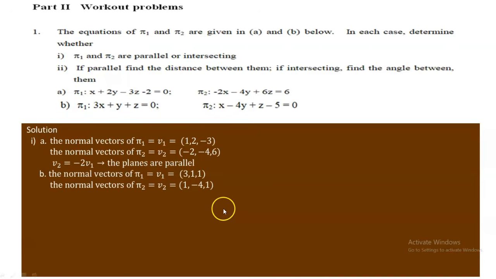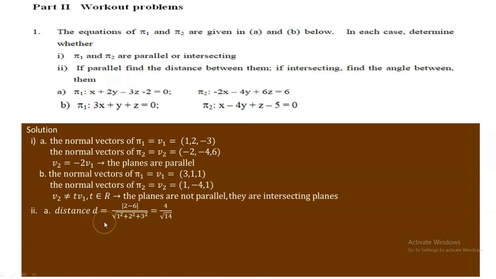Basically, the vectors are orthogonal, and not only the vectors but also the planes are orthogonal. And from this, it follows that v2 is not a scalar multiple of v1, so they are not parallel. If they are not parallel, they are intersecting planes. So the first one is answered.